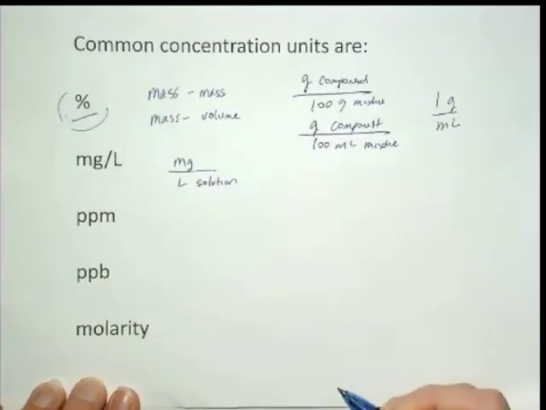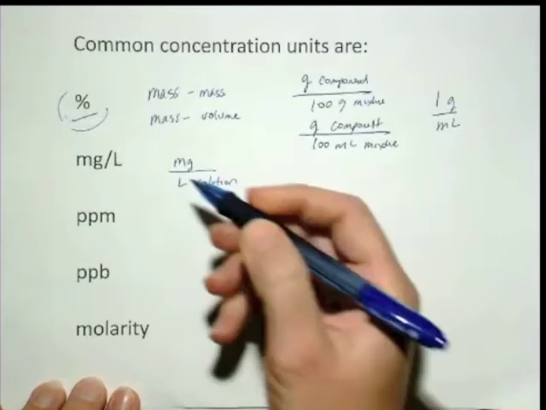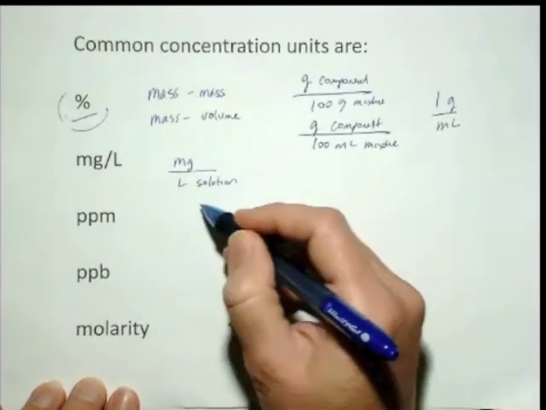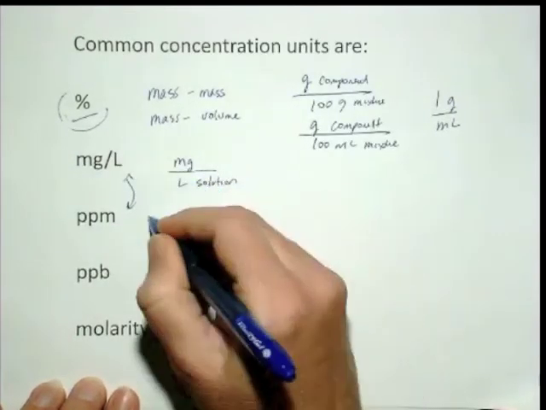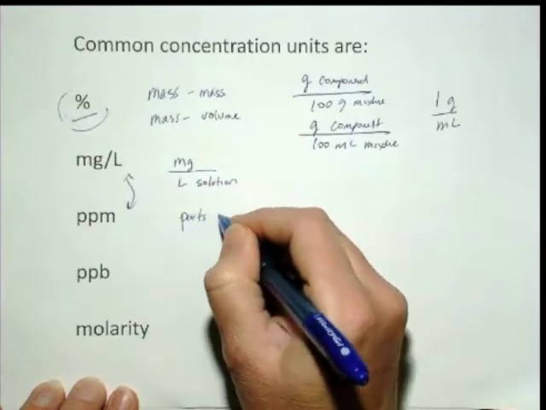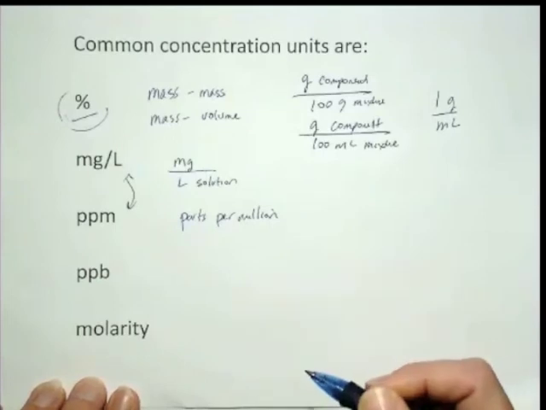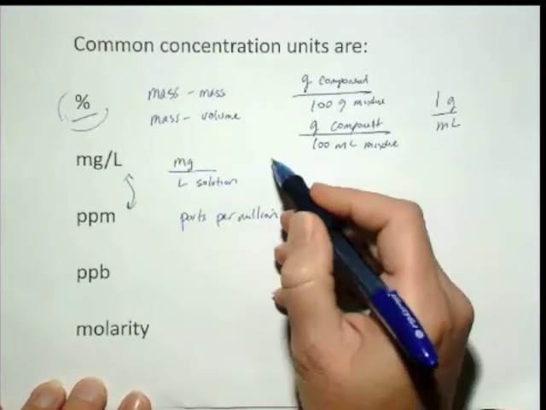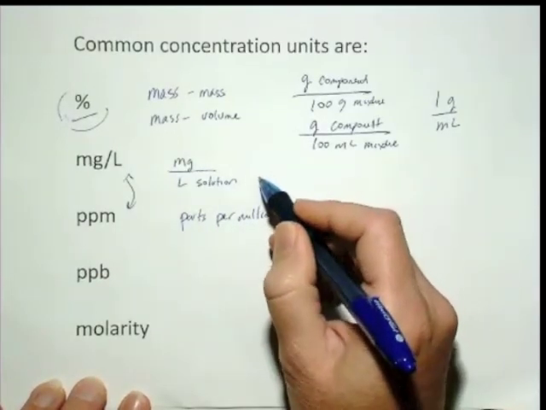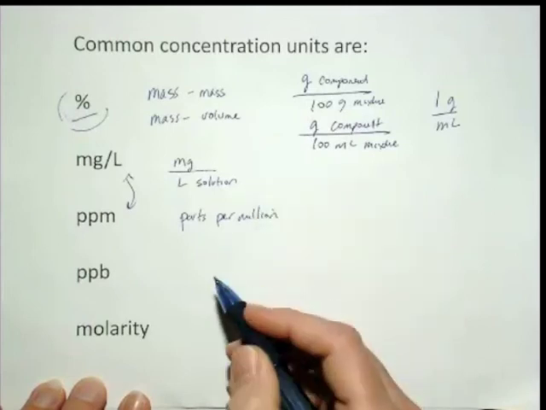This measurement is on the order of parts per million. Okay, ppm, remember, is parts per million, and it's similar to milligrams per liter of solution when you are talking about an aqueous solution. We'll look at more details why that's the case in a minute.